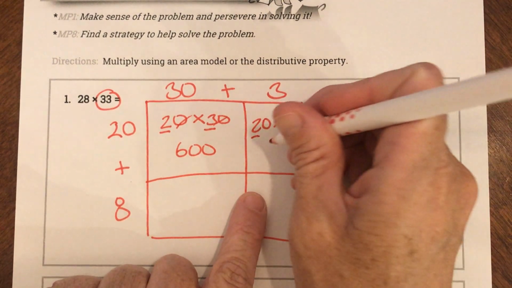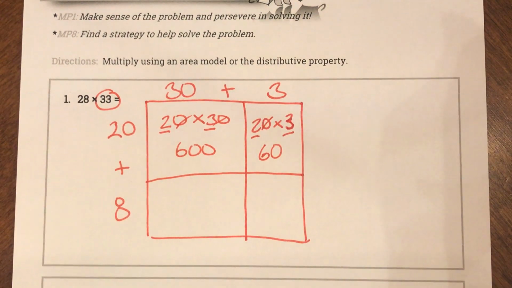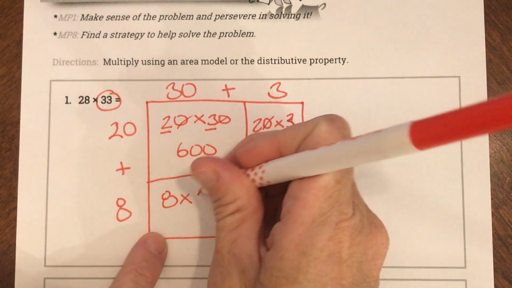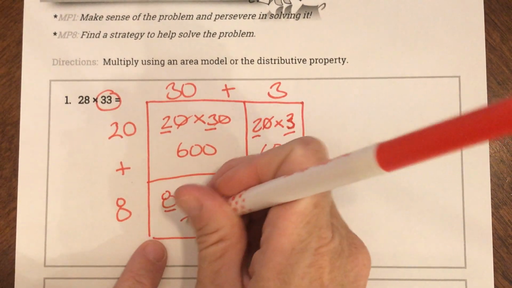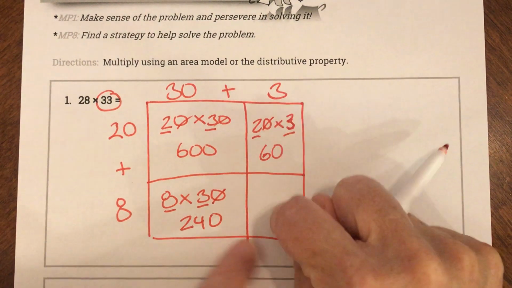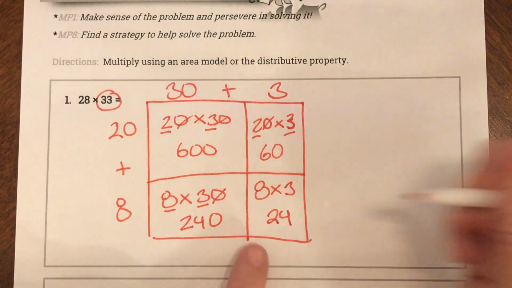So 2 times 3 is 6, plus 1 zero would give me 60. In this box, I would have 8 times 30. So 8 times 3 is 24, and 1 zero is 240. And in this box, I would have 8 times 3, which is 24.